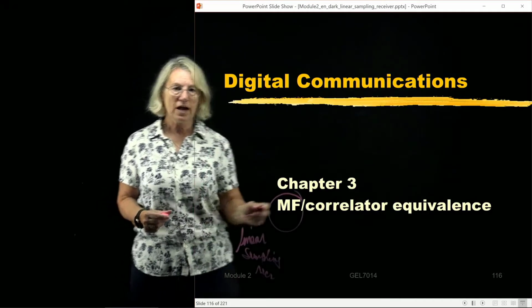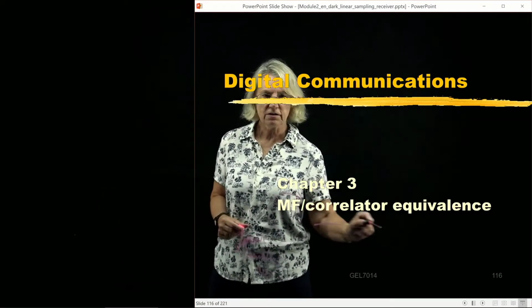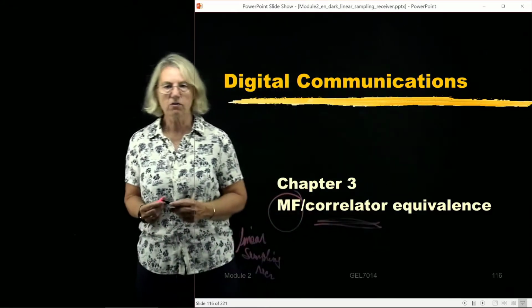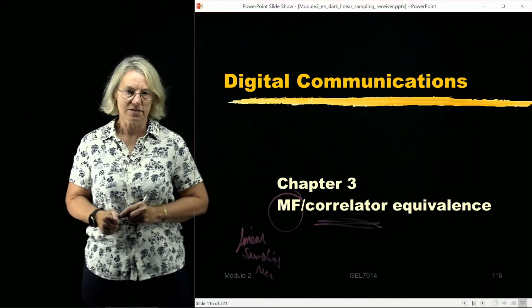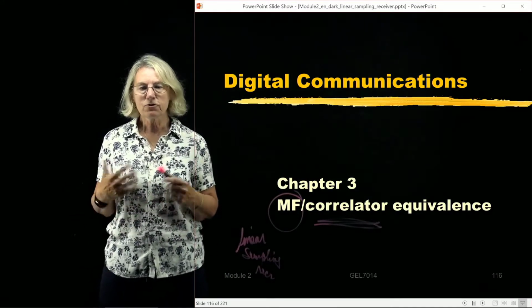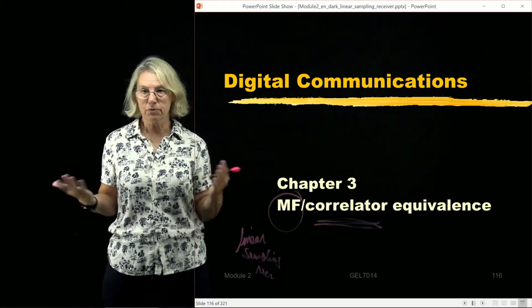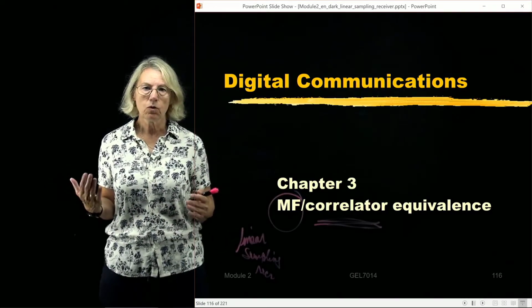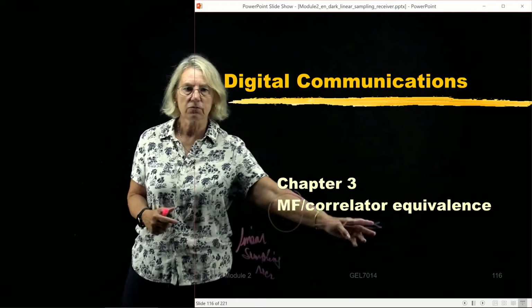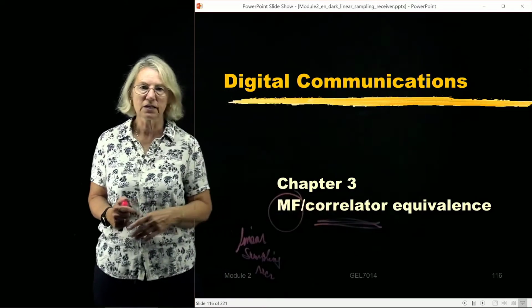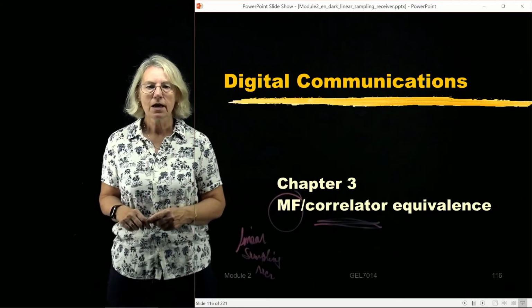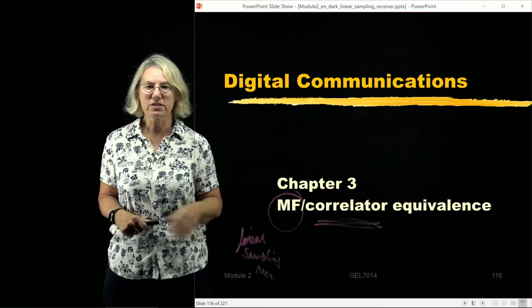And what I'm going to show you now is we have another name, correlator, for the structure that we found using signal space analysis. So at first glance, these two seem perhaps like different solutions. One is to use a vector representation, and we're going to call that a correlator. We'll show you what that definition is. And in the other case, use a match filter.